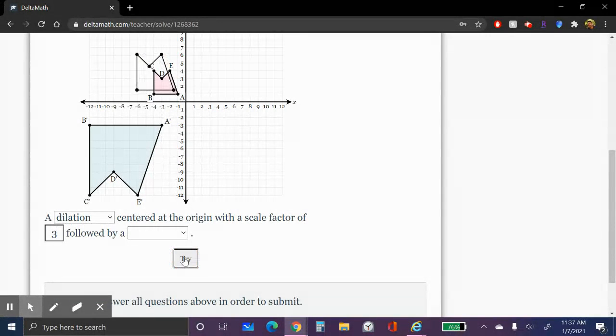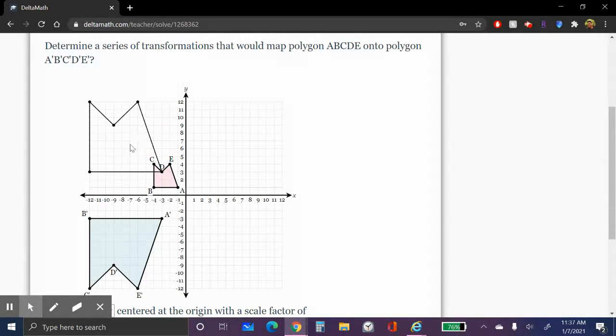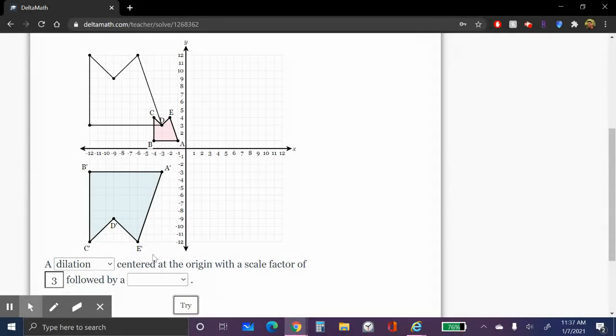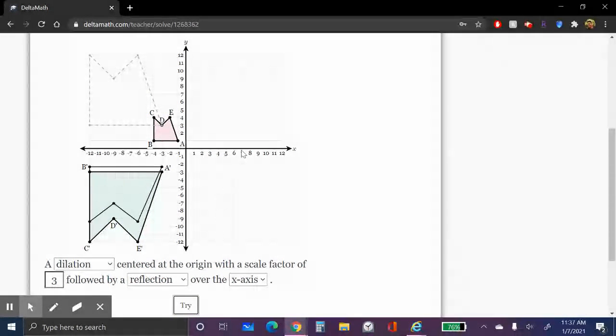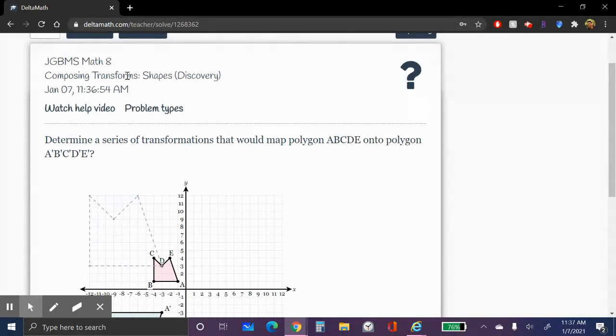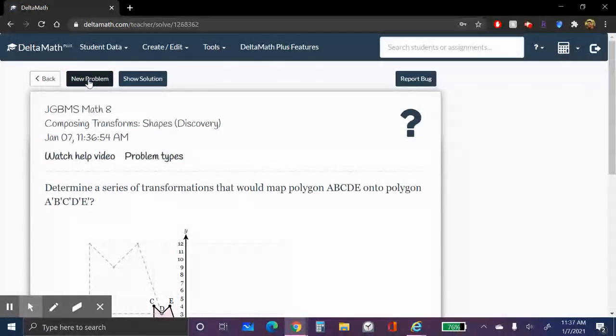So let's try that. And then it looks like it's being flipped. It's flipped over the x-axis, reflected over the x-axis. And bada bam, beautiful.